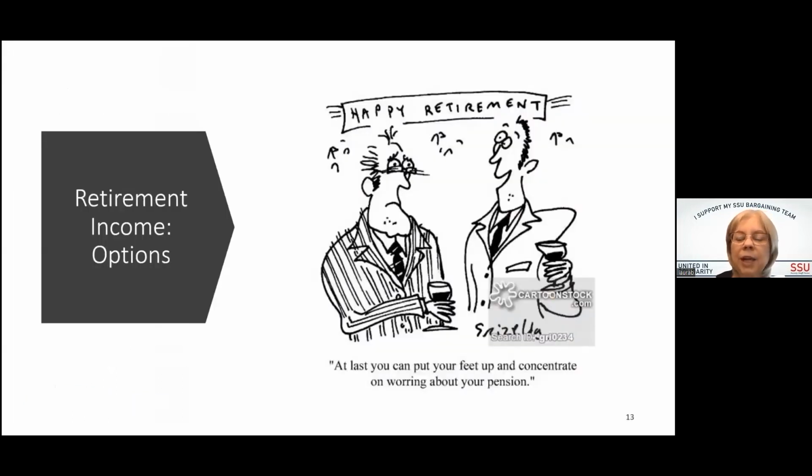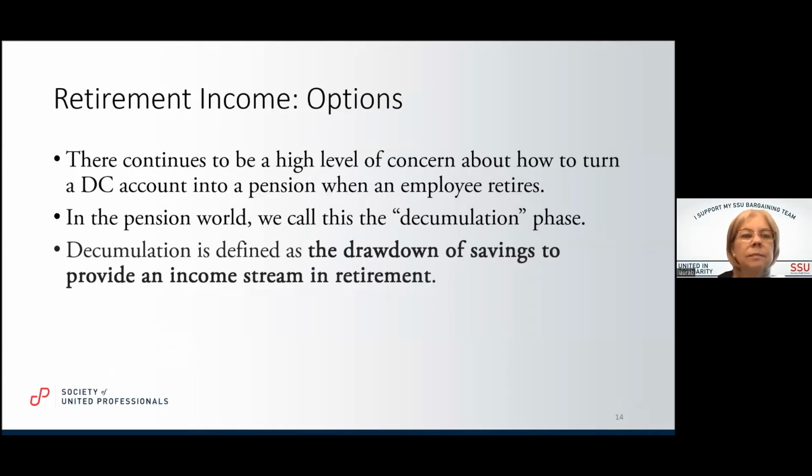Now we get to the real challenge: how to convert the accumulated funds into retirement income. There is an ongoing high level of concern about how to turn a defined contribution account into a pension when an employee retires.